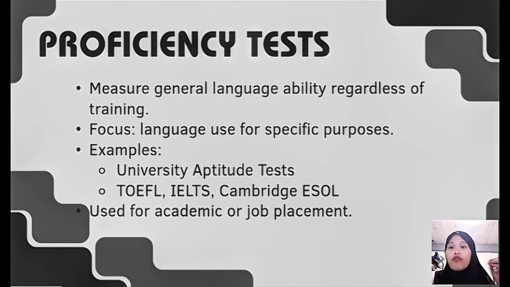Meaning, yung focus is not on what the student was taught, but on what they can actually do with the language. So, for example, Nigerian universities give aptitude tests to students in art and social science programs. This test checks if their English is good enough to succeed in an English academic setting.